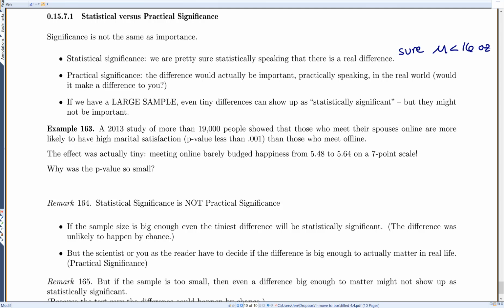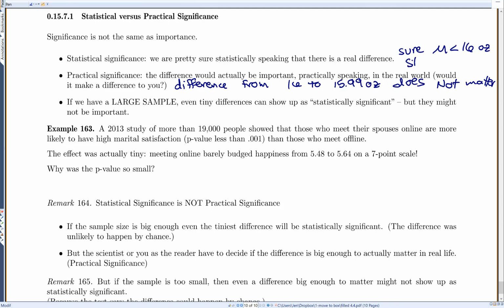But practical difference means the difference would actually be important, practically speaking, in the real world. Would it actually make a difference to real people? The difference from 16 to 15.99 ounces does not matter.